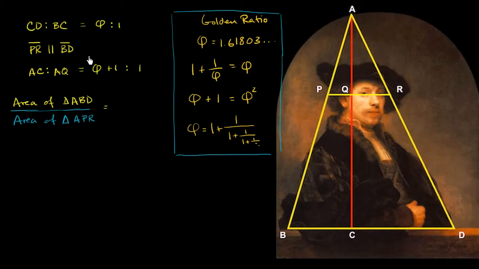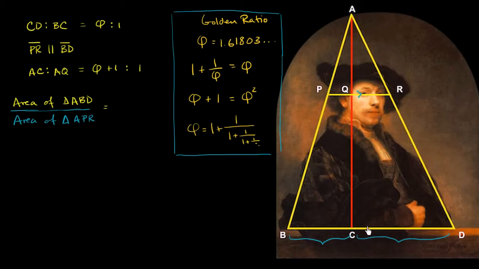So this is what we know, what we're being told about this painting. This is quite fascinating. The ratio between the length of segment CD and BC is phi to 1. So you drop an altitude from this larger triangle, the ratio of the length of CD to BC, that's phi. So clearly Rembrandt probably thought about this. Even more, we know that PR is parallel to BD. We've actually constructed it that way.